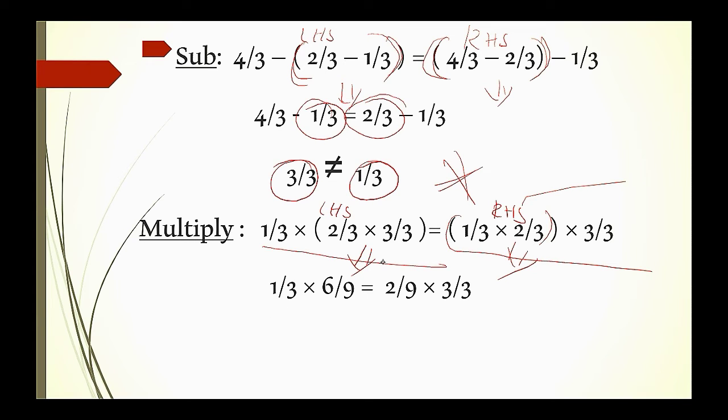When I solve the LHS brackets, I am getting 2 by 3 into 3 by 3, that is 6 by 9. In RHS brackets, when I solve, I am getting 2 by 9. When I multiply both the numbers, I am getting 6 by 27, and here also 6 by 27. Both the numbers are the same. Therefore, multiplication satisfies the associative property.